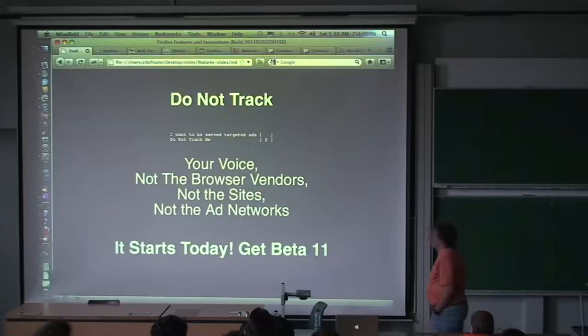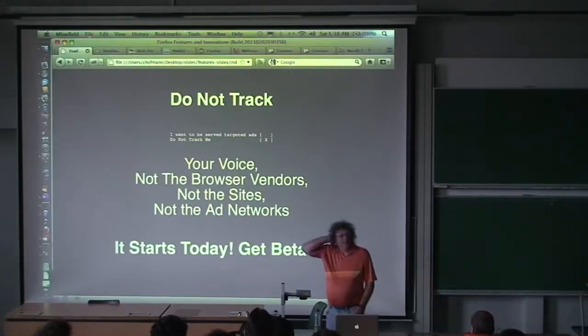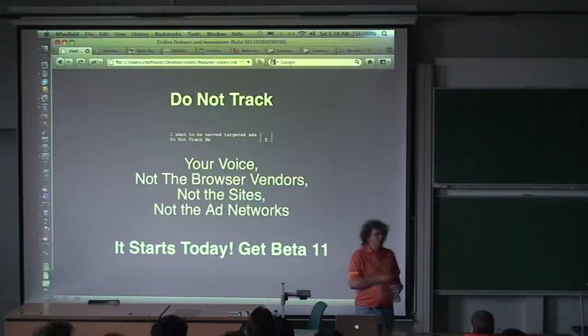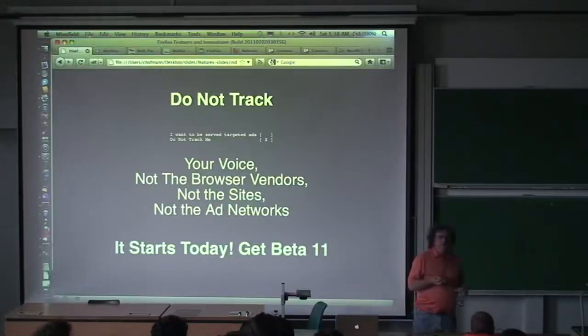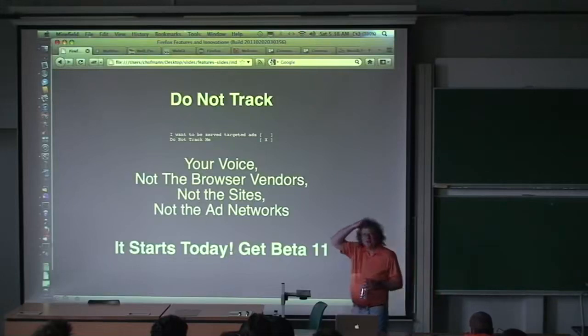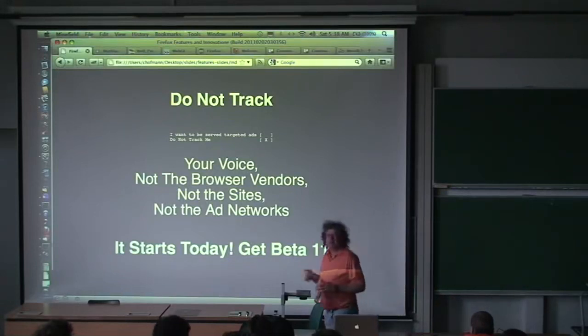And so we're implementing a feature in Firefox 4 called Do Not Track. Like I say, innovation comes when you try hundreds of experiments and you finally latch on to one. So this is one of many experiments that we want to try. Basically, we're going to have a setting in the browser where you can go in and you can say, I want to be served targeted ads. You can check that box.